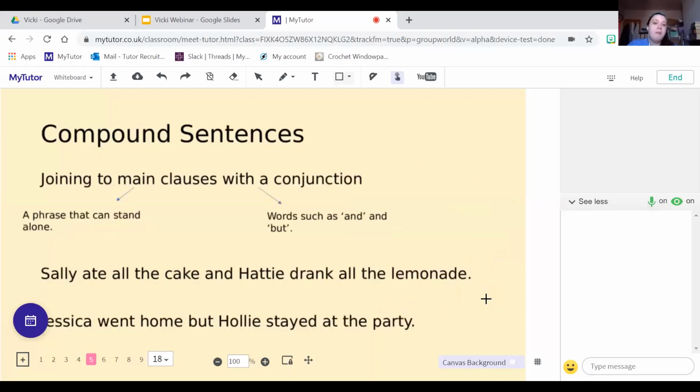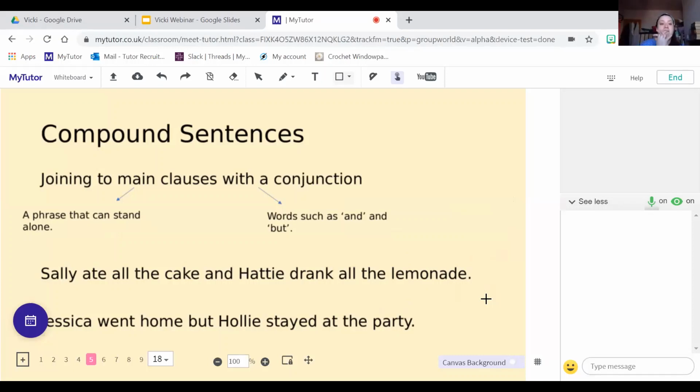So compound sentences. So this is where we have two verbs and they are joined together with a conjunction. So a conjunction is words such as and, but, and both of these clauses can stand alone. So for example here we could say Sally ate all the cake and Hattie drank all the lemonade.